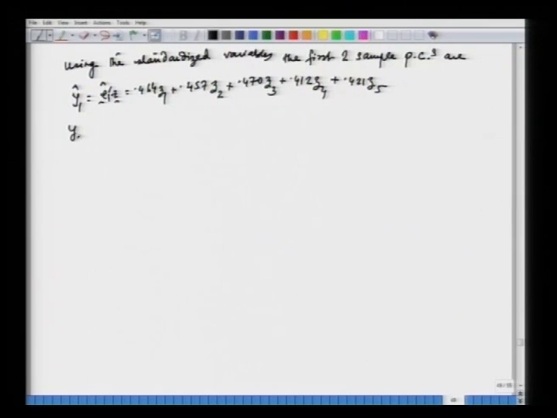And the second one, y2 hat, is from the second eigenvector, E2 hat transpose Z. This gives me 0.240 Z1 plus 0.509 Z2 plus 0.260 Z3 minus 0.526 Z4 minus 0.582 Z5.